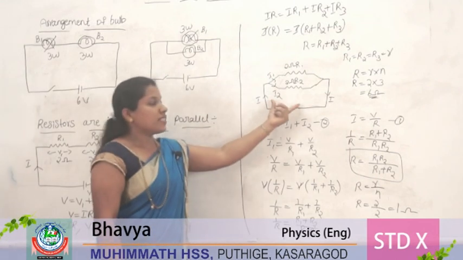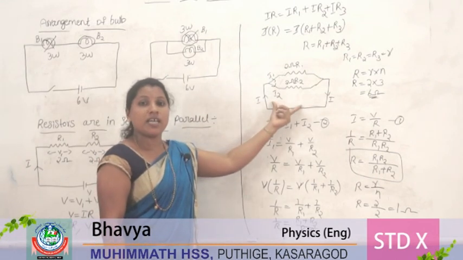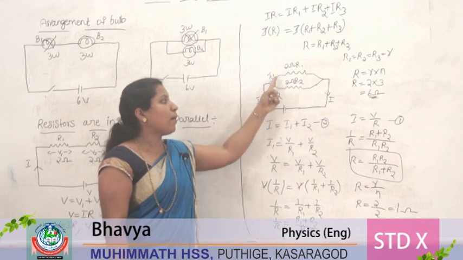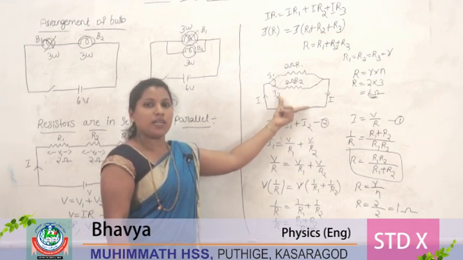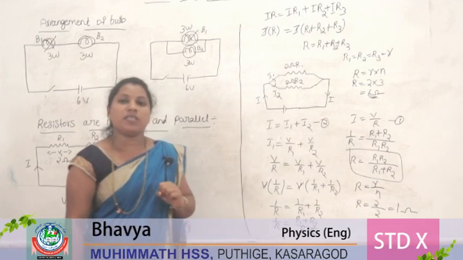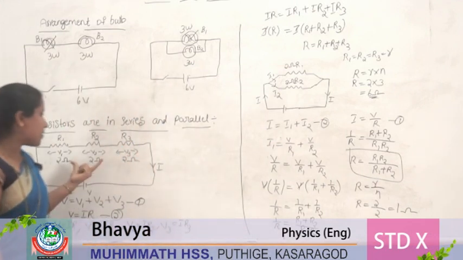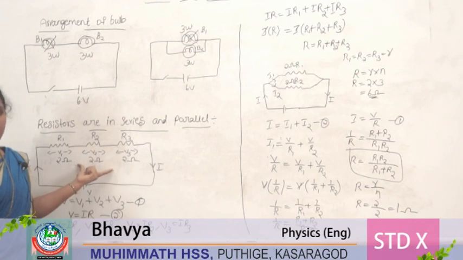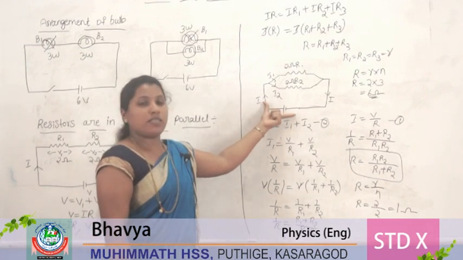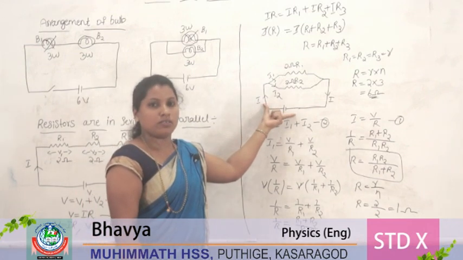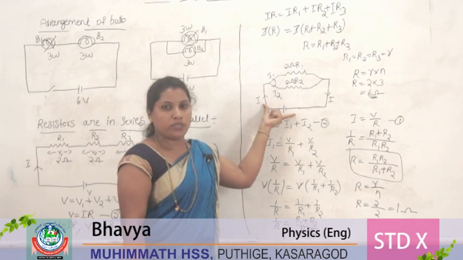But in parallel connection, current is dividing as per the number of resistors. Similarly, voltage in series connection is dividing as per the number of resistors. In parallel connection, it does not change. All resistors have the same voltage.